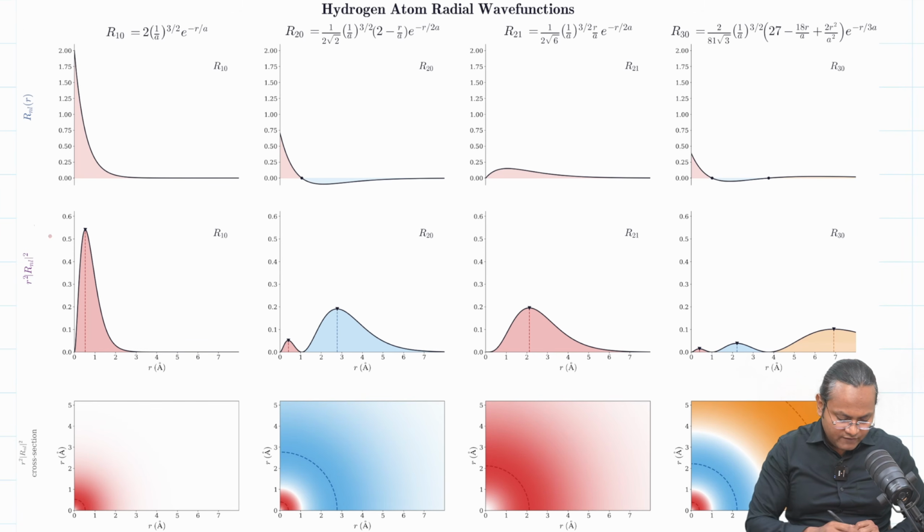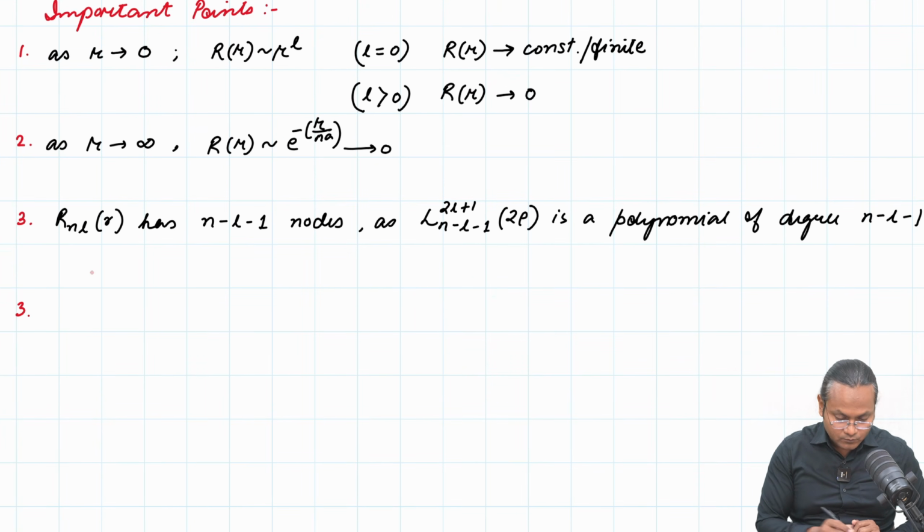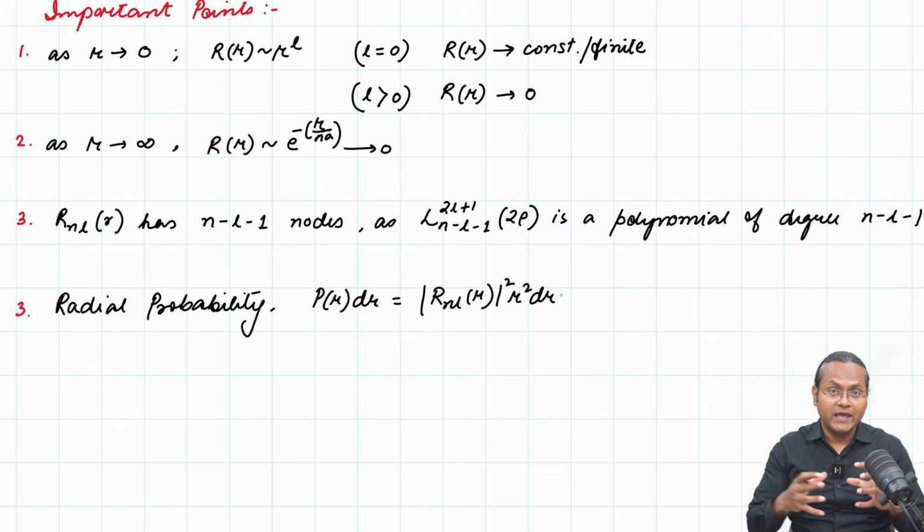If I want to calculate radial probability, the radial probability is basically given by R_nL mod square, or I should say R square dr, because effectively we're looking at the probability of a given shell.